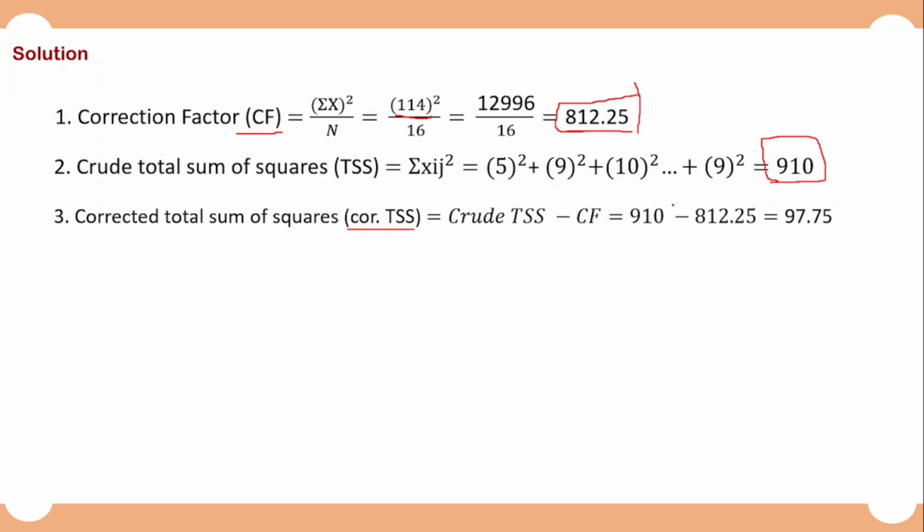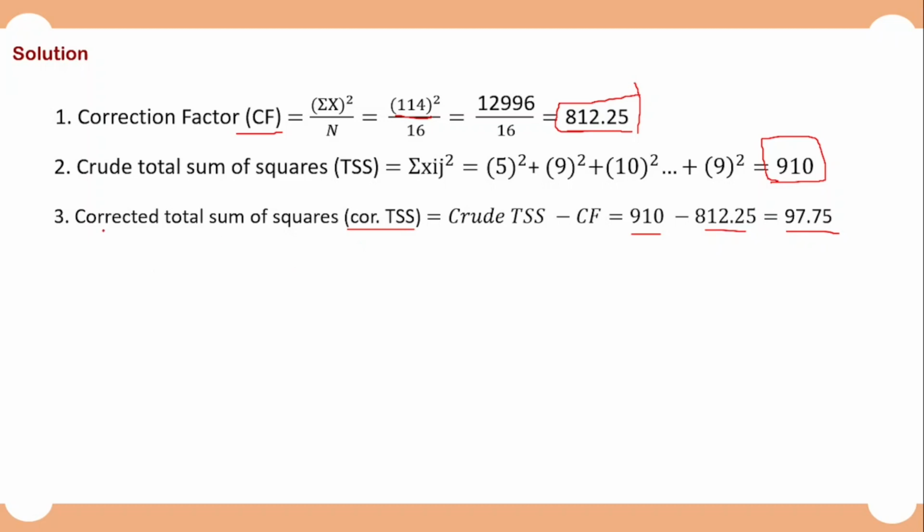So we have the crude total sum of squares equal to 910. So 910 minus the correction factor, that is 812.25, is equal to 97.75.